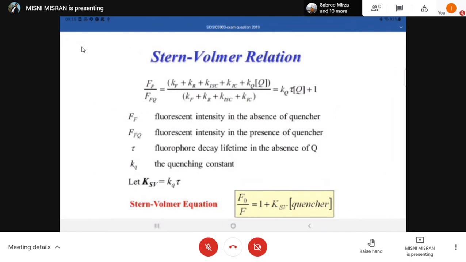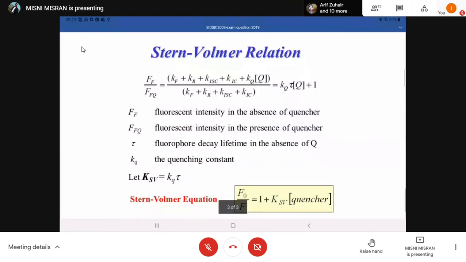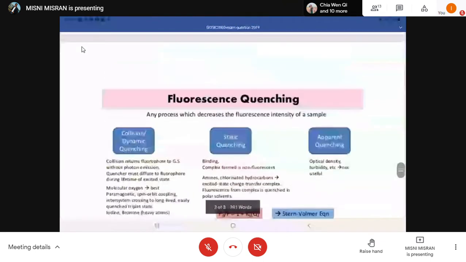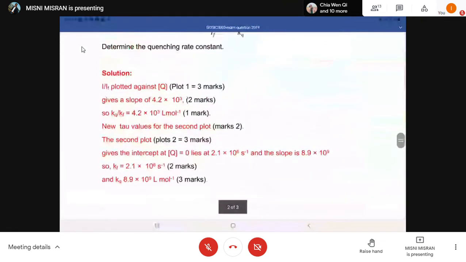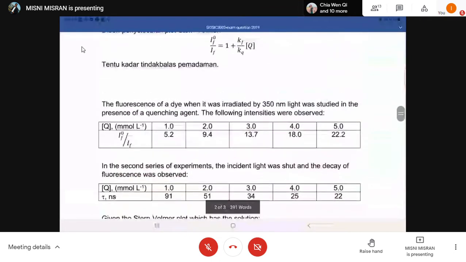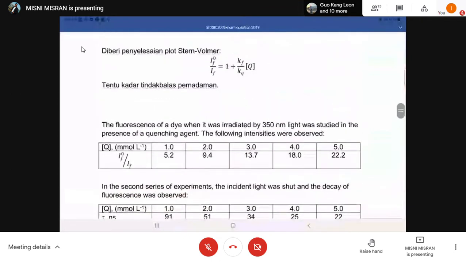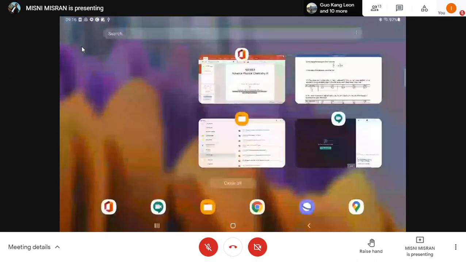So we remember this is the Stern-Volmer equation, right? And it's the same as on the internet. It's just that the symbols may be different. Okay. What else? Yeah, I just have those two. Later on, we go and you try them out. Okay. All right.